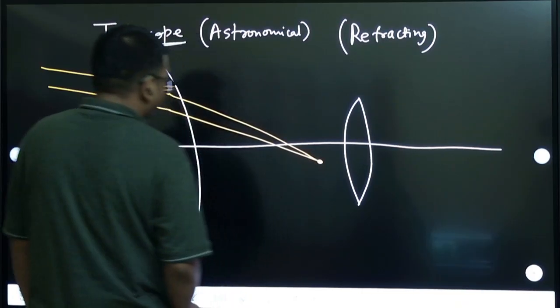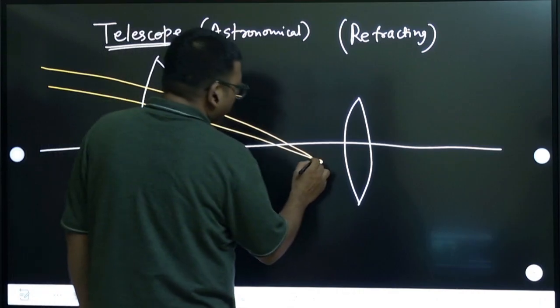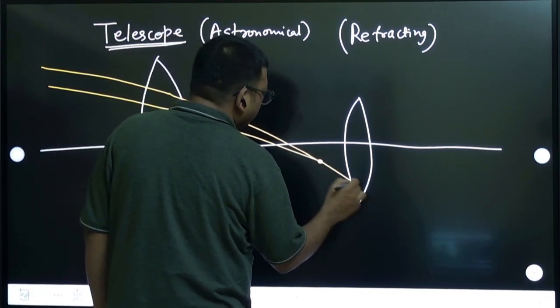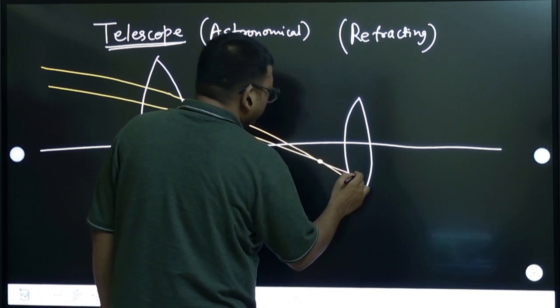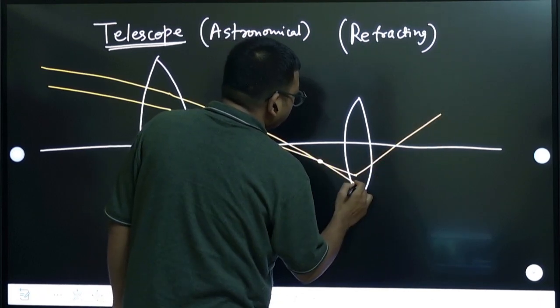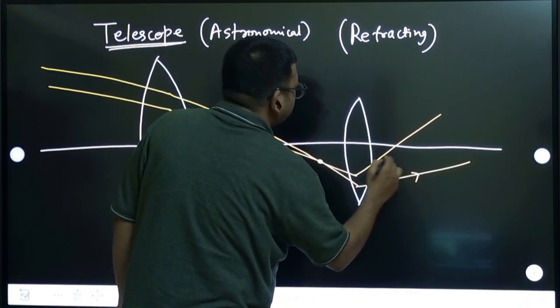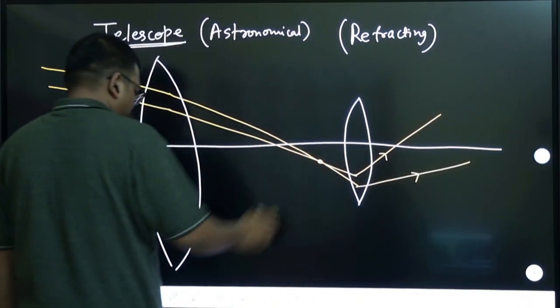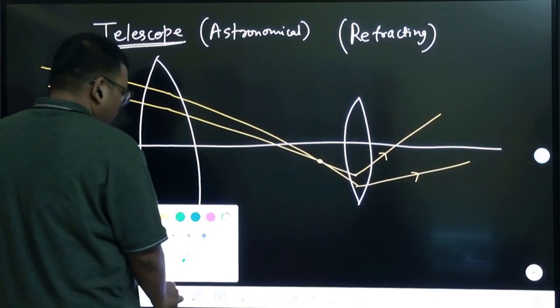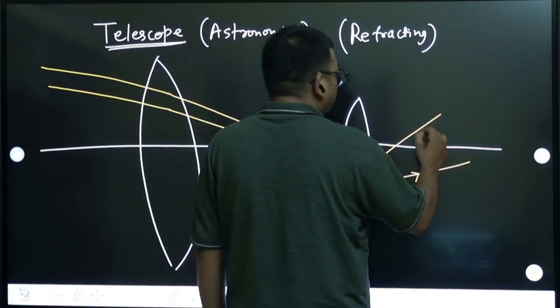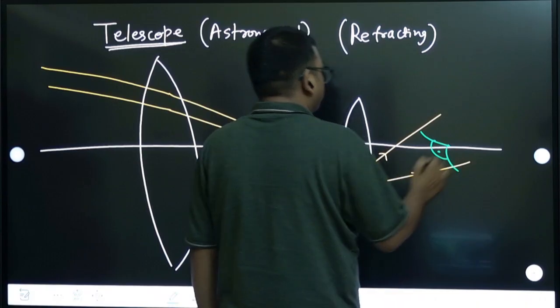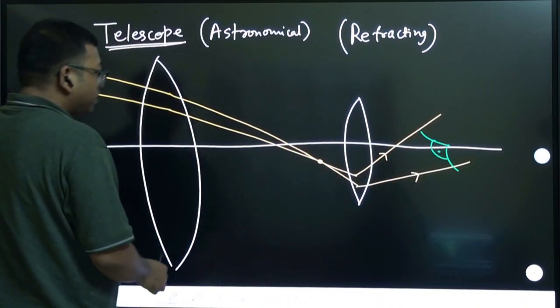Somewhere here it is forming. And the rays, it's not that rays stop, rays go here and then these rays will be diverging again like this. Diverging rays will be collected by the eye. So the eye of the observer will be there.